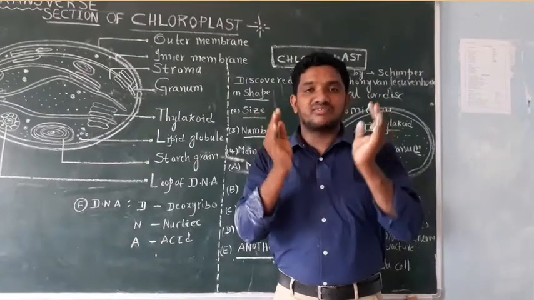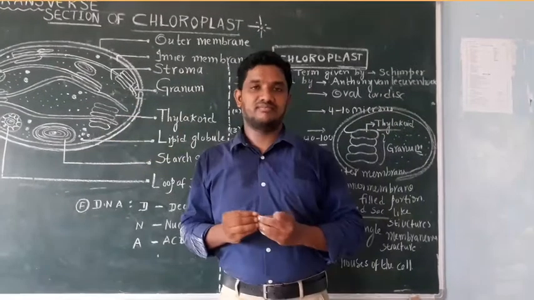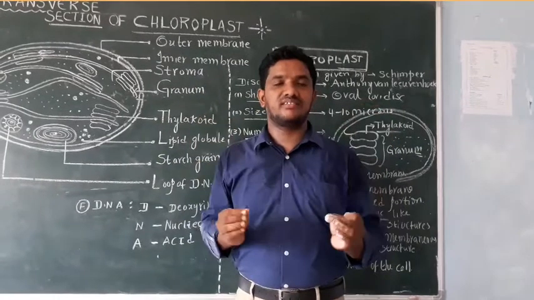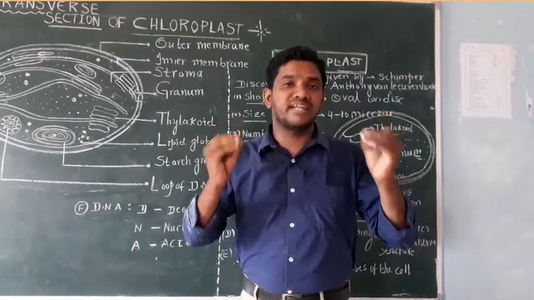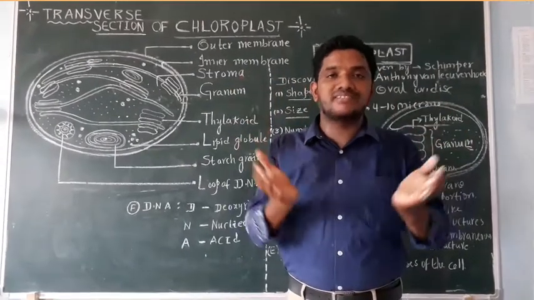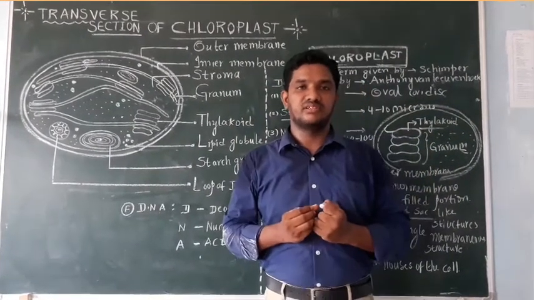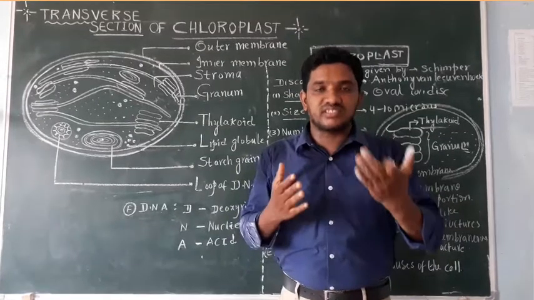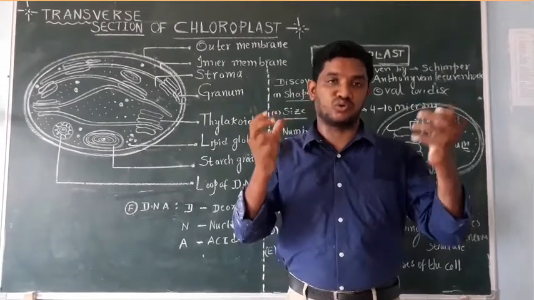Many substances found in the chloroplast are called photosynthetic pigments. Several types of chlorophyll pigments are involved in the process of photosynthesis to produce glucose.